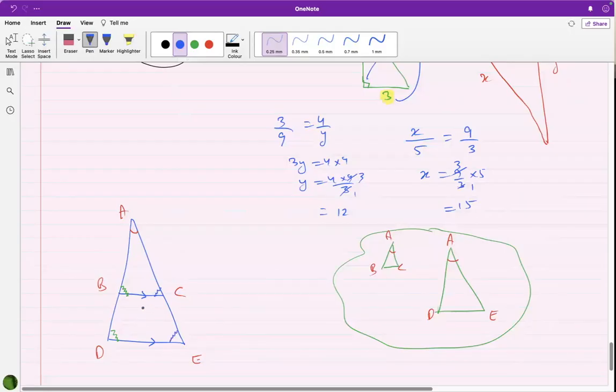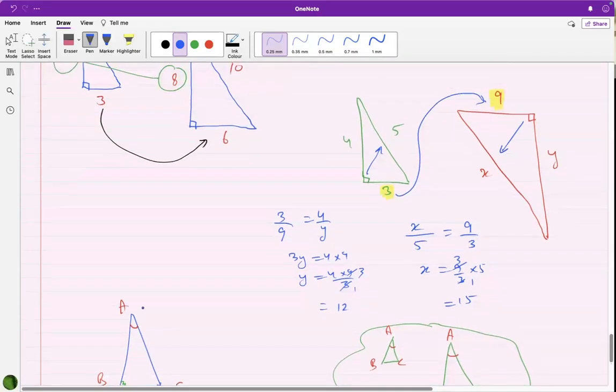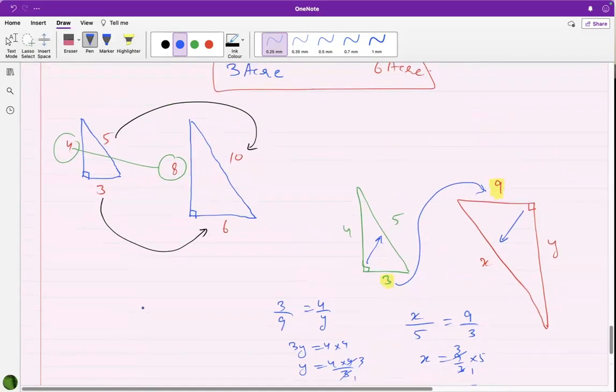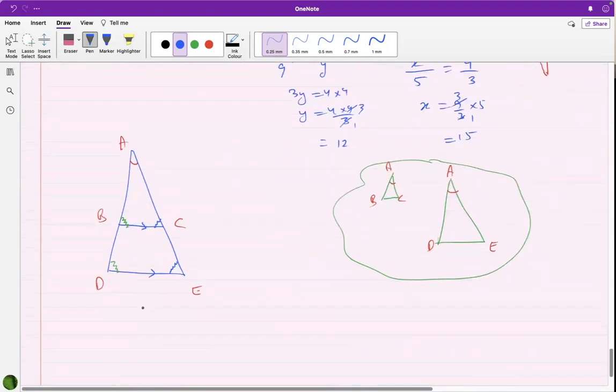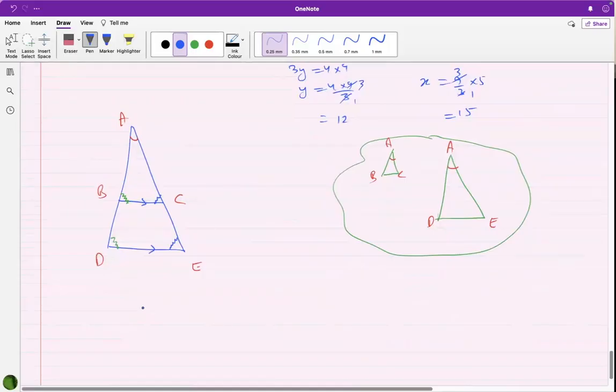Now, if we just ignore small side with small side, long side with long side, because no length is given. No length is given. We may be confused whether AB is larger or AC is larger. They may be isosceles because length is not given. You see, in this question, we were having 3, 4, 5, 6, 8, 10, 9, Y, X. Lengths were given, but here lengths are not given, but still we can answer.